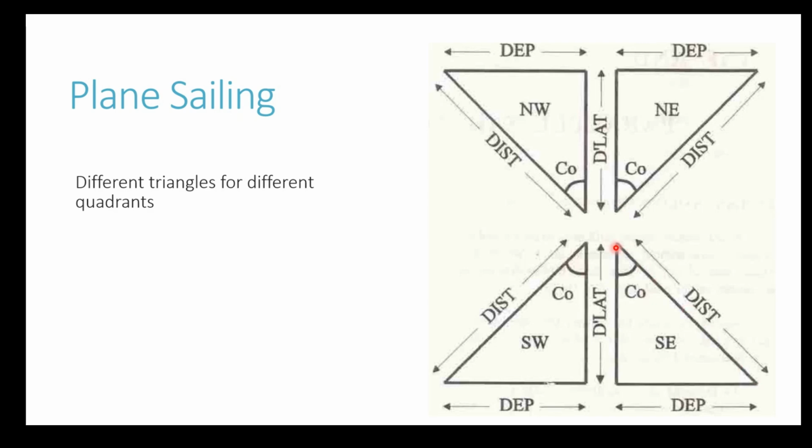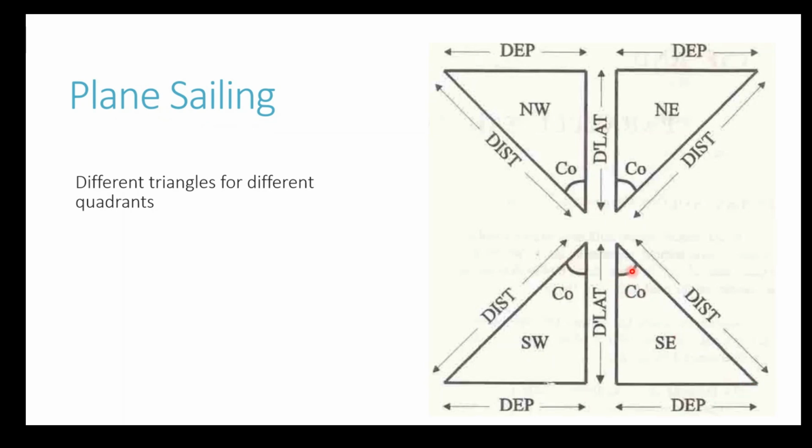This position represents our starting position. This position here represents our destination. This side, the hypotenuse, represents the distance. The vertical side is the D-lat, and the horizontal side at the bottom is the departure.